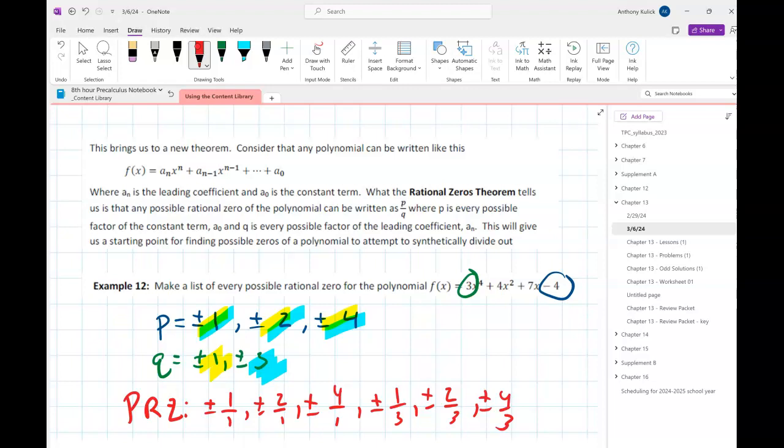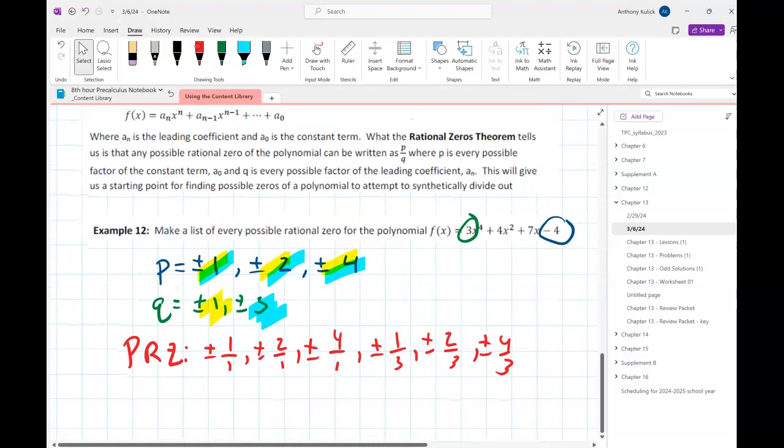Everybody's okay with how I came up with the list? Now, if instead of 3 p's and 2 q's there were 6 p's and 6 q's, how many things would be on our list? There's 36 things on that list. That's super annoying to write, right?